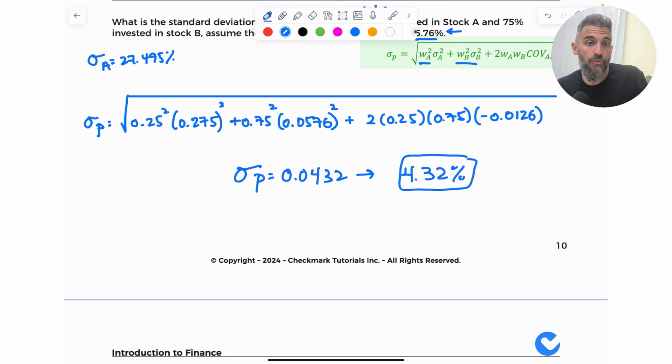And again, that risk is pretty low because the two have that negative relationship. If they had had a positive covariance, you'd see this risk would be much, much higher.